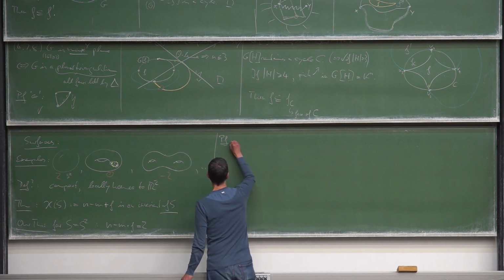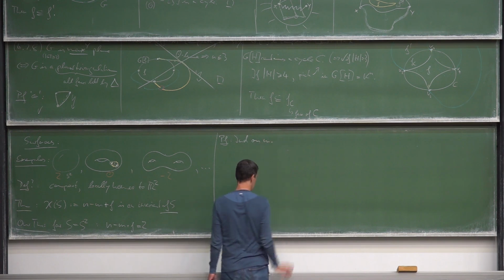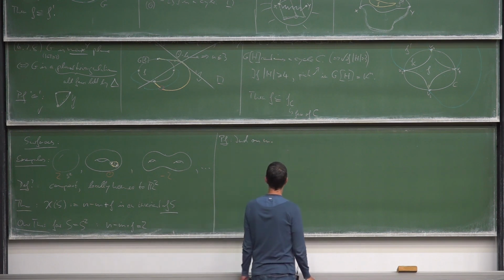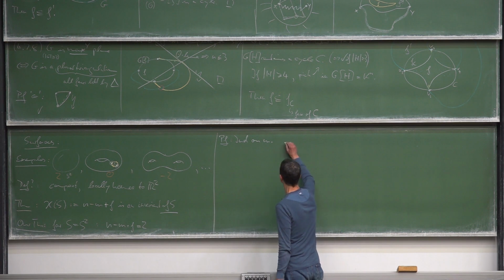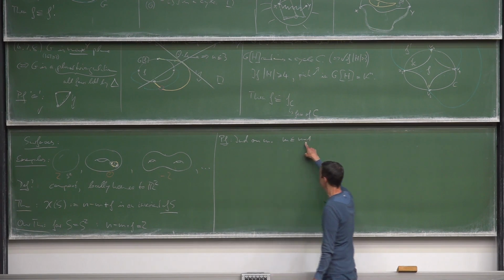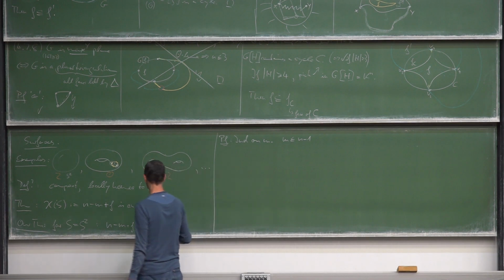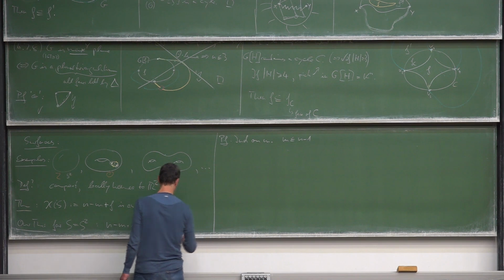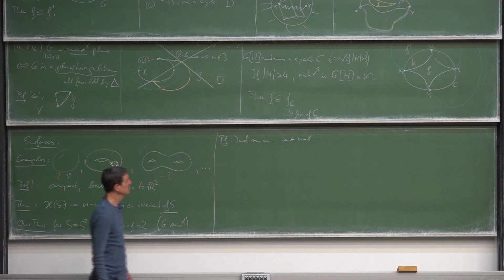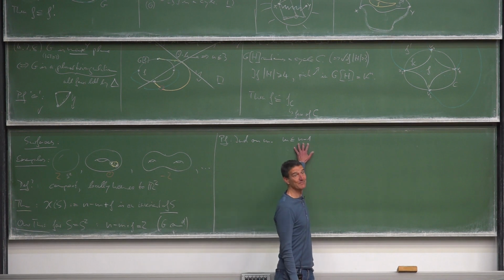Proof by induction on the number of edges. If m is at most n minus 1, our graph G is connected. If m is at most n minus 1, it is in fact n minus 1.